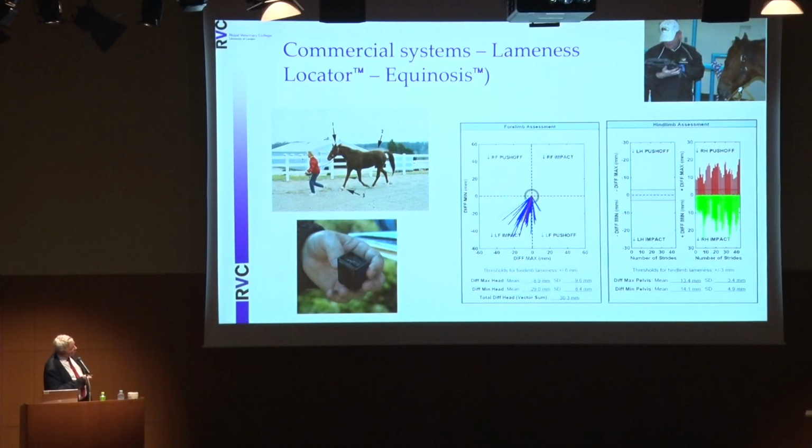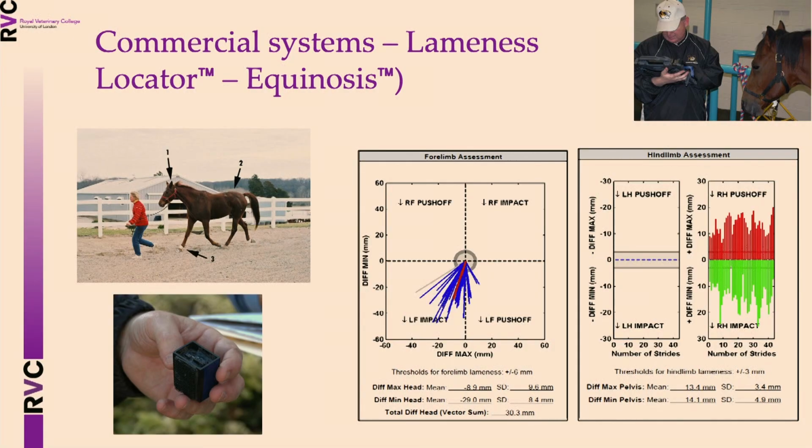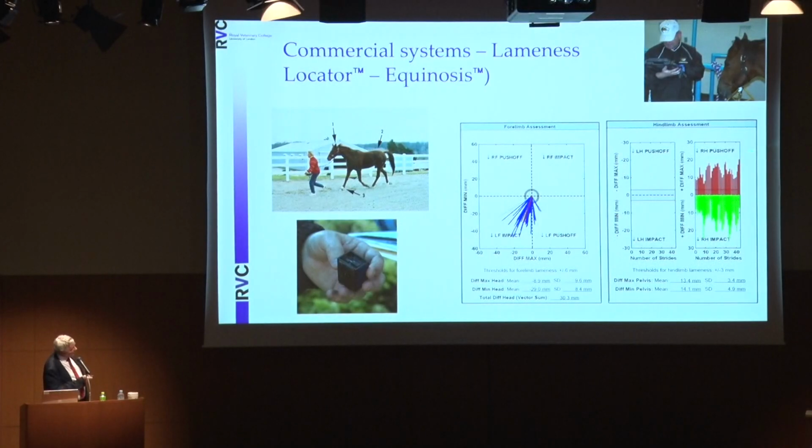But it illustrates the same parameters we've just been talking about. So this horse is left fore impact lame. Whereas this horse has a lameness on the right hind that is both push-off and impact.